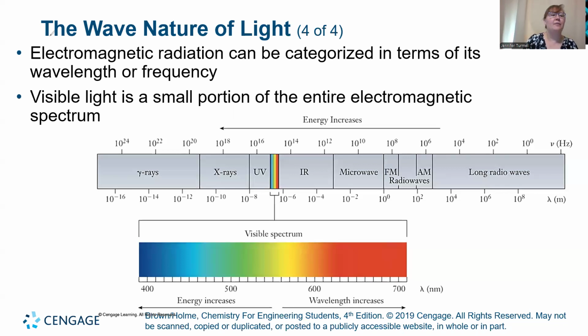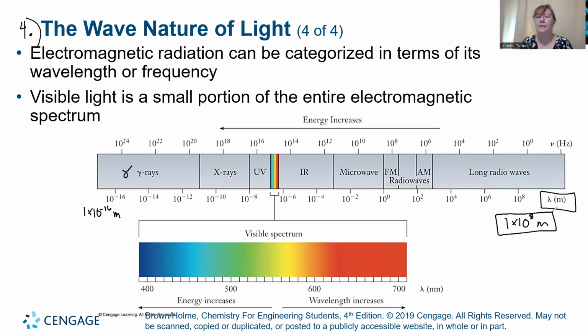So here we are. This is slide 4. Now, electromagnetic radiation can be categorized in terms of its wavelength and frequency. You'll get everything from gamma rays down to your long radio waves. Your wavelength ranges from 1 times 10 to the negative 16th meters up to 1 times 10 to the 8th meters.